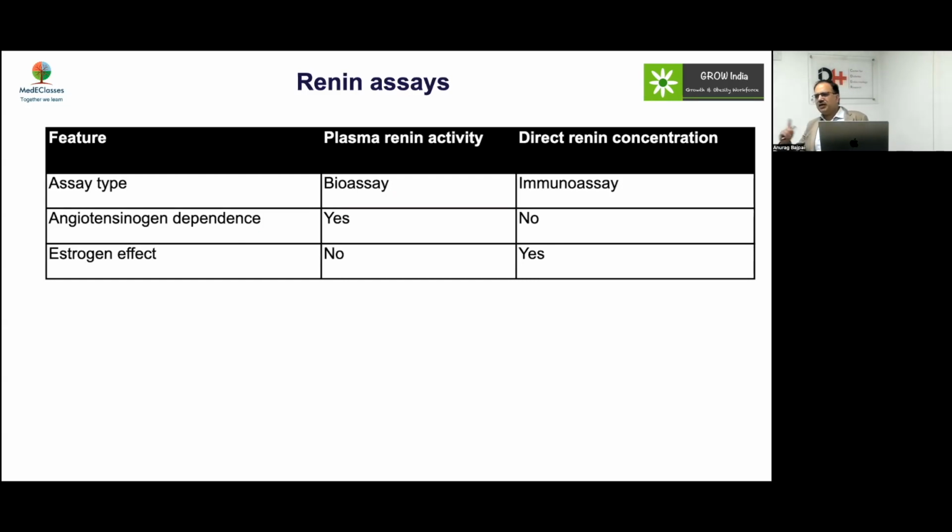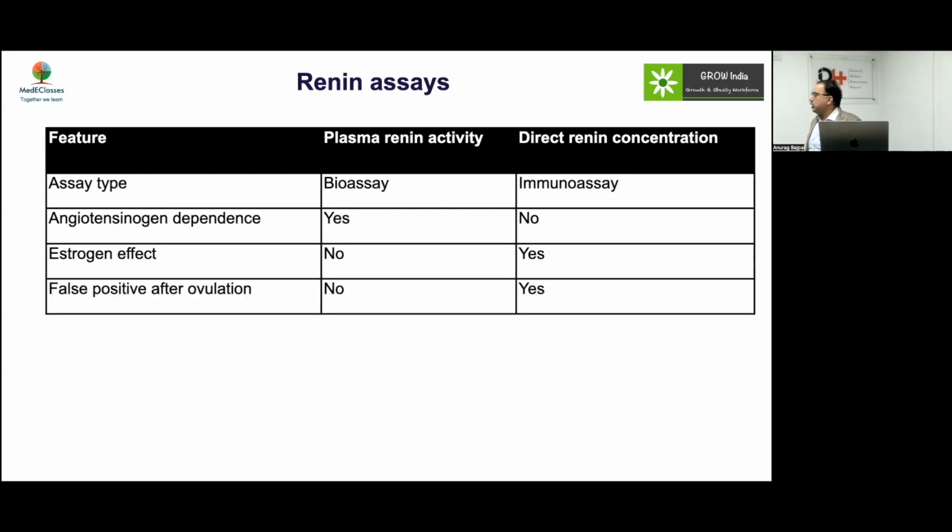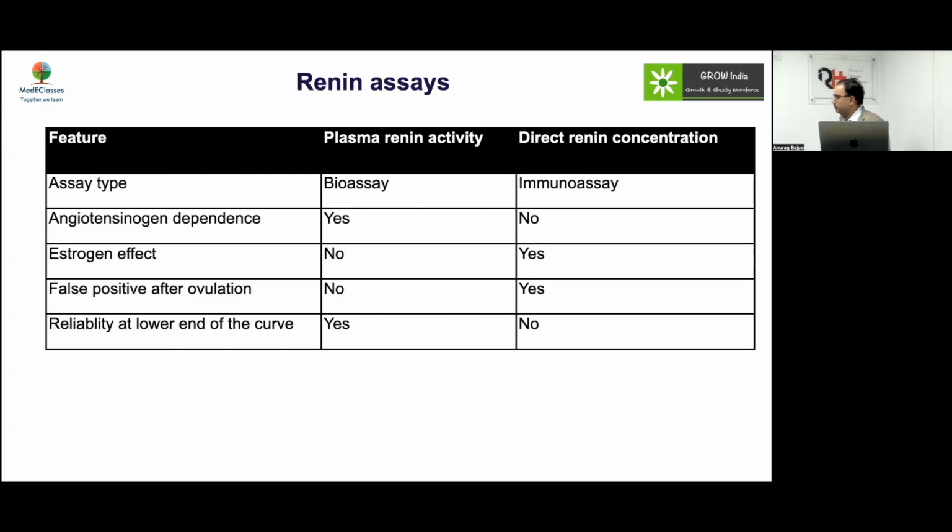So the major difference is if you talk about cyclical variation, you will have much more variation in direct renin content as against plasma renin activity. So during ovulation, PRA will be a much better strategy rather than a direct renin content.